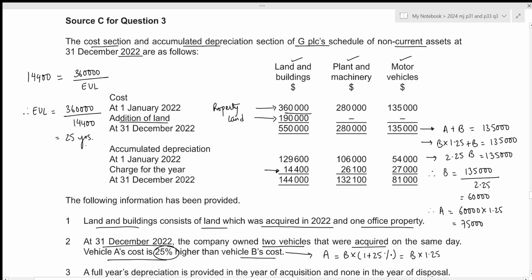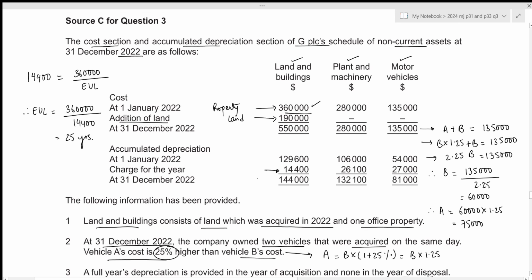Okay, and now we need to increase it by additional 5 years. But before increasing that, since we would now get a different depreciation charge for a year, we need to remove the accumulated depreciation part from the cost so that the new depreciation would be in line with whatever value of the property is remaining. And for that, we first need to figure out for how many years we have used this land and building.